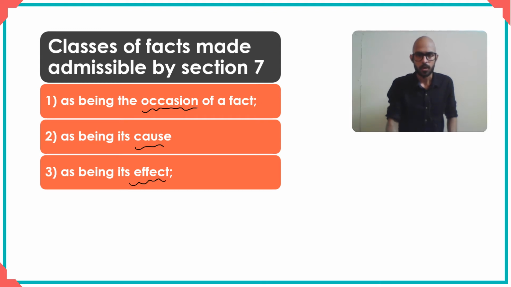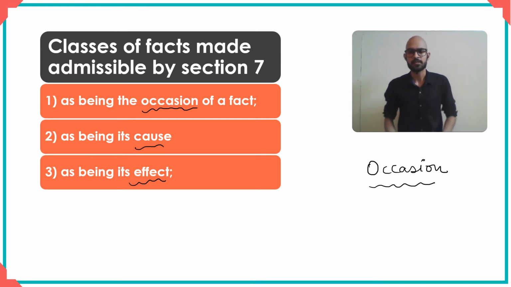Now, what is the meaning of something being an occasion? Let's take an example. Let us say you go up to somebody and you offer him a piece of cake. It's likely that the person will ask you, "Oh, what's the occasion?" Now, when you have a cause and effect, that is very direct.